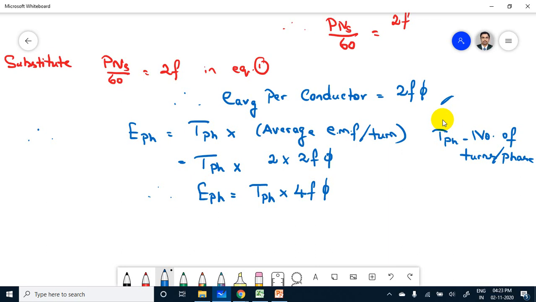Now we have to represent, because this machine will be operated by a 3-phase line, it will be an alternating quantity. There will be a form factor, which means 1.11 times the sinusoidal EMF.